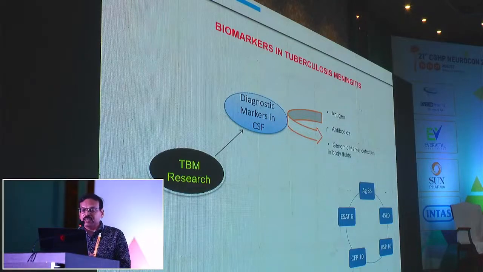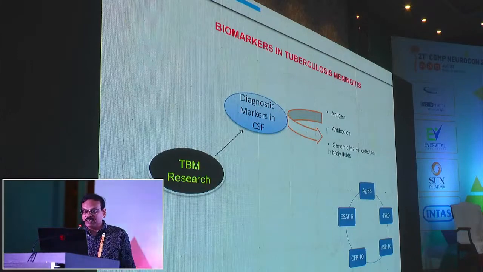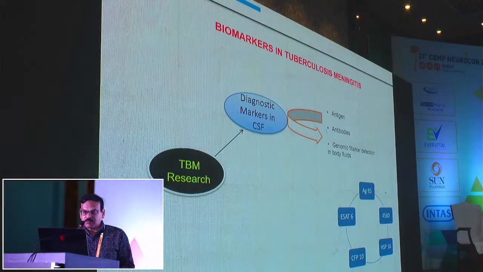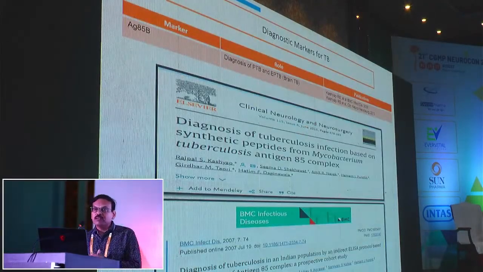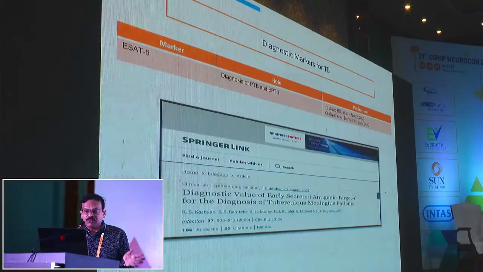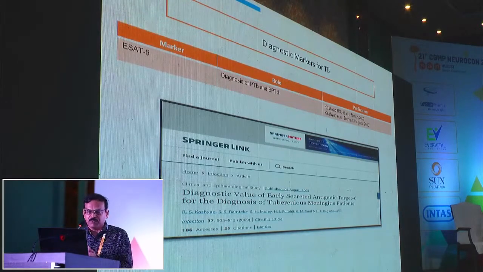We looked at antigen 85, we looked at 45 kD, heat shock protein 16, culture filtrate protein 10, ESAT 6, all these are tubercular biomarkers. We did various analyses, ELISA tests to look at these antigens. I'm just giving a brief overview, so I'm moving a bit fast.